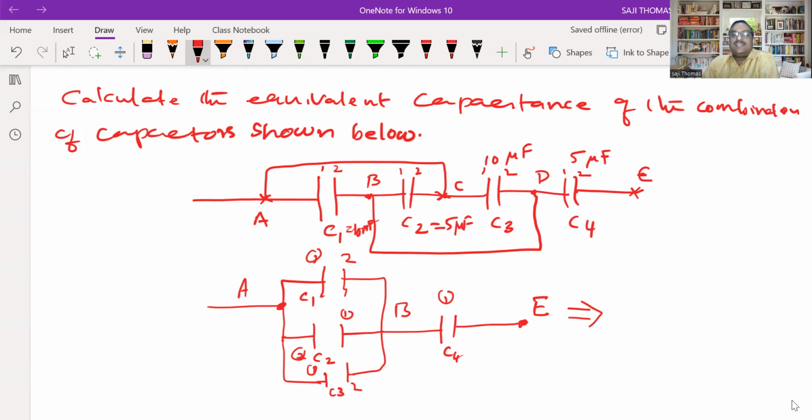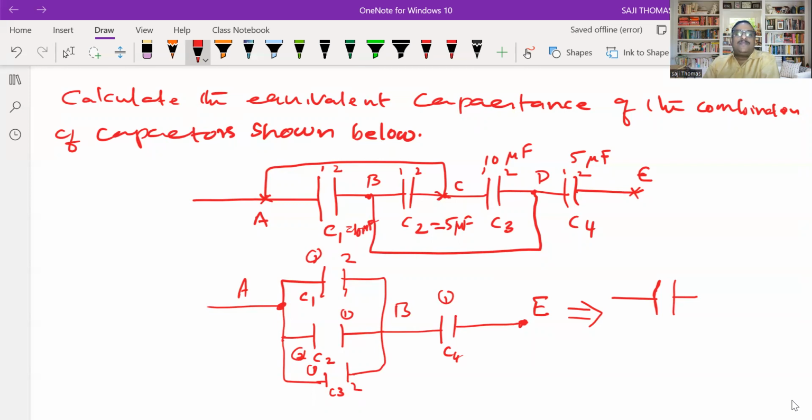Further simplification: C1, C2, C3 are in parallel. So what is the total capacitance? C1 is 10 microfarad, C2 is 5.